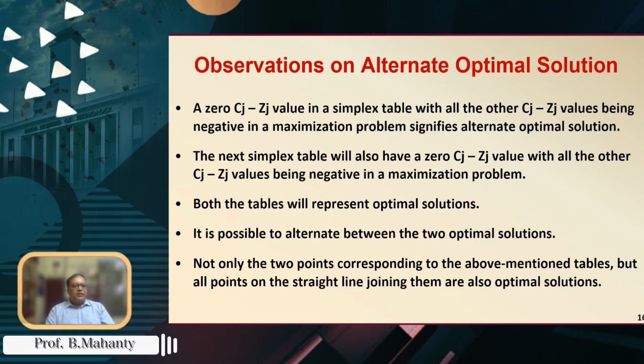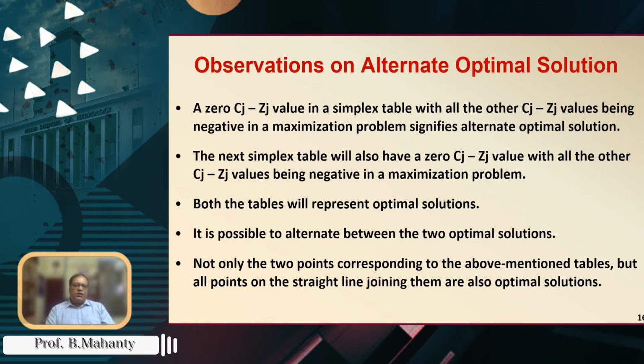The next simplex table will also have a 0 Cj minus Zj value with all the other Cj minus Zj values being negative in a maximization problem. Both the tables will represent optimal solutions. It is possible to alternate between the two optimal solutions, and not only the 2 points corresponding to the above mentioned tables, but all points on the straight line joining them are also optimal solutions.